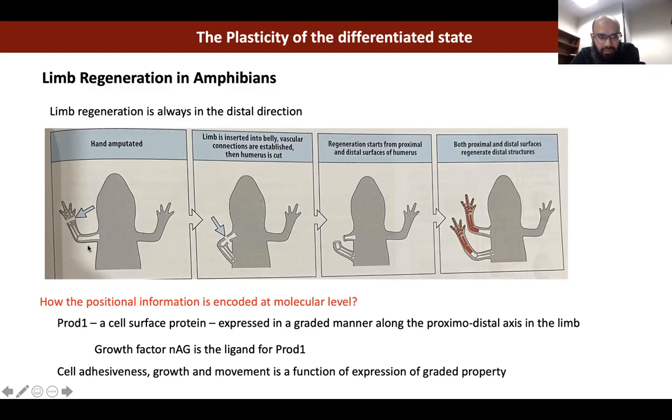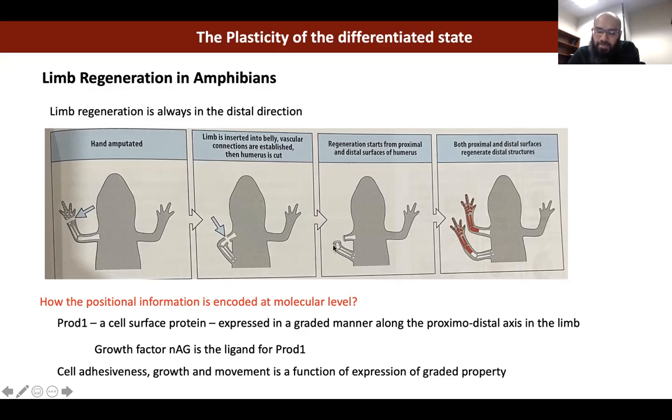In the original animal, the second cut was here, but now the limb is joined. So these radius and ulna bones, these forearm bones, are now sutured into, or completely inserted into, the belly, and they make a new cut site here. This is how it looks after the cut. And now what they observed was that the regeneration at both these sites was always in the distal direction. So they both grew into arms and digits.